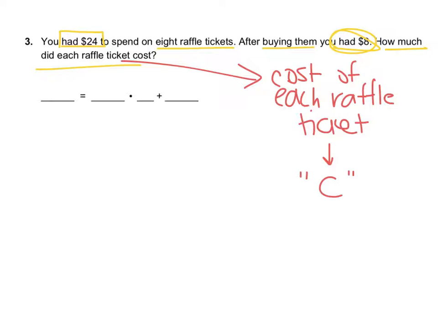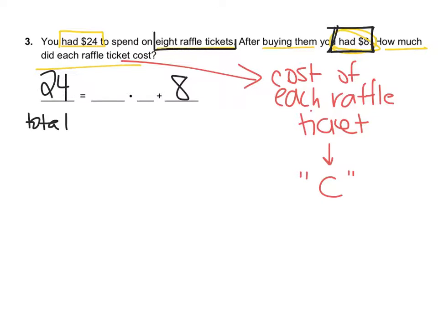Next step is to figure out the total. What is the total in this situation? How much did you have to start? Well, we had $24. So we know that we had $24 to spend on 8 raffle tickets. It says after buying them, you had $8. So this is our solo piece by itself. So that's going to become that plus 8.